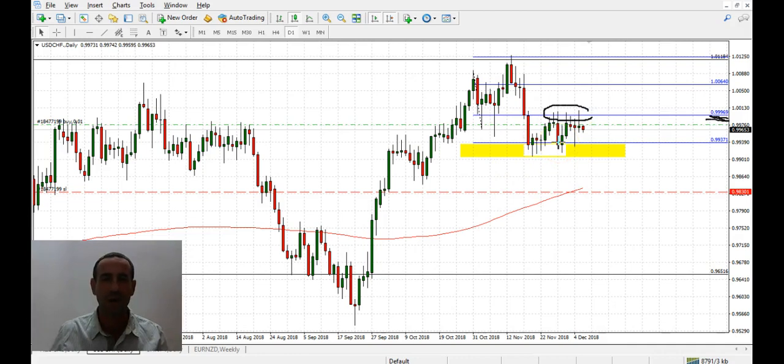So I took out half of the position and left a tiny position in place, the smallest possible, because I'm a bit concerned at this point. However, anything can happen. If price will show resilience in moving back up again, obviously I will go back to increase the position accordingly.